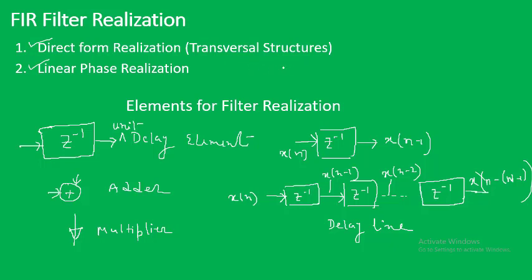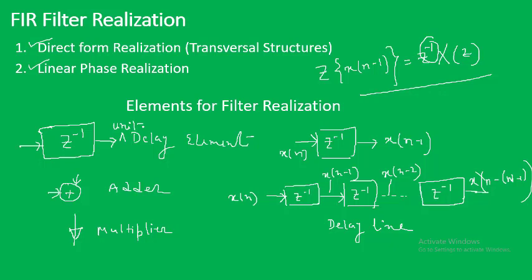Here the basic concept used is the time delay principle of Z transform, that is, the Z transform of x of n minus 1 is Z inverse x of Z. We use this Z inverse as the digital unit delay element. We know these are the unit memory elements also.